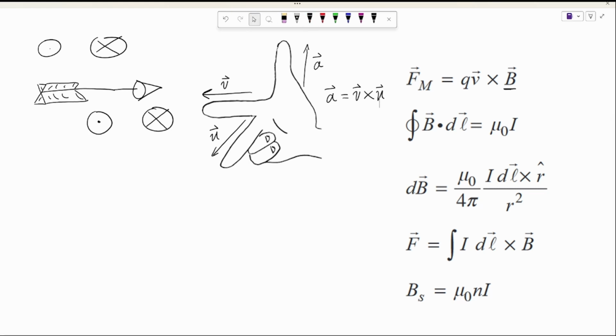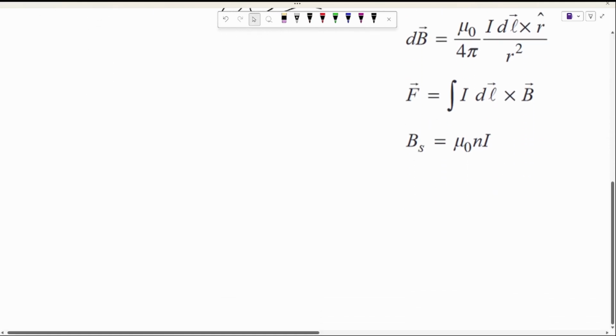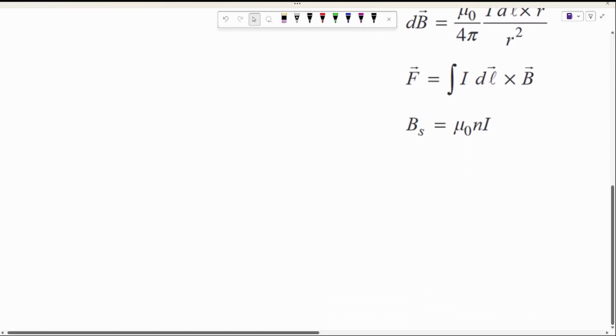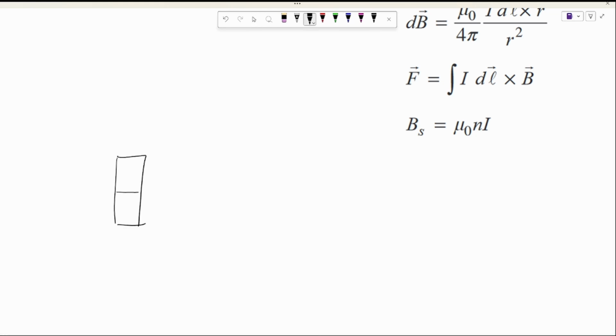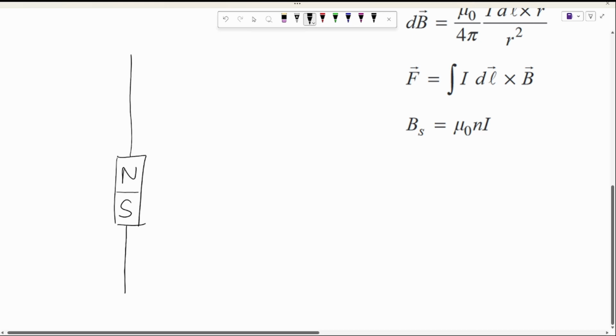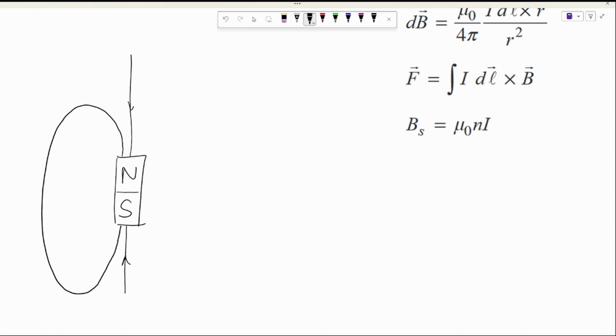Alright, so from there, let's talk about the field of a permanent magnet. So this is going to be pretty quick. So simply, you have north and you have south, and the field lines go from north to south. They should be more or less perpendicular to the magnet where it touches, and then they will loop around.